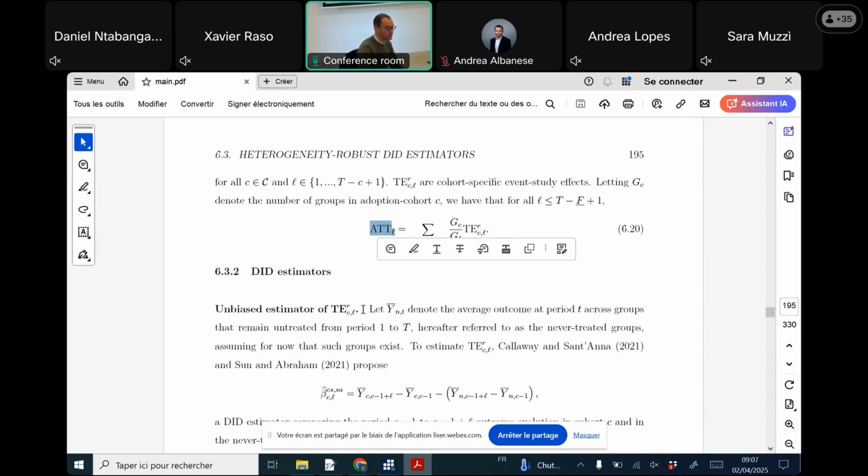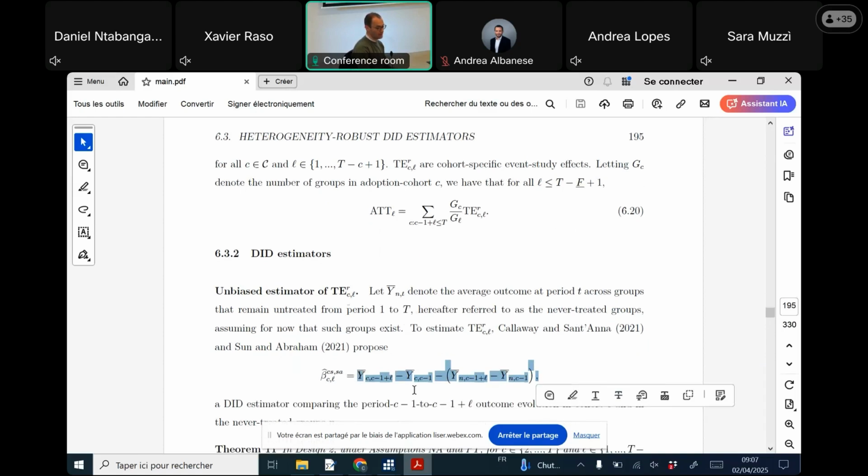So to unbiasedly estimate the effect of L periods of exposure in cohort C, for now, we are going to assume that we have some groups that are never treated, okay? And we will denote Y bar NT the average outcome of the never treated groups at period T. And so to estimate this effect, the estimator that's proposed by those two papers is this Diff-in-diff estimator, which compares the C minus 1 to C minus 1 plus L outcome evolution in cohort C and among the never treated groups.